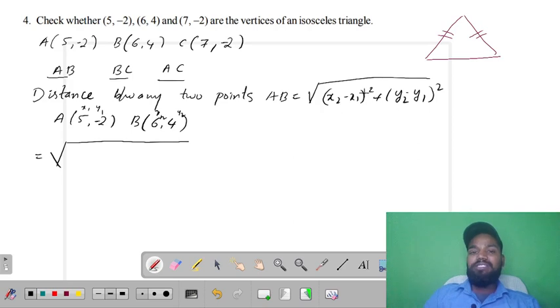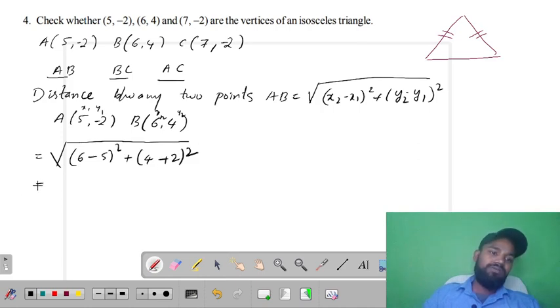Now x2 minus x1: x2 is 6, x1 is 5. Plus y2 minus y1: y2 is 4, y1 is minus 2. Minus into minus becomes plus, so it is plus 2.